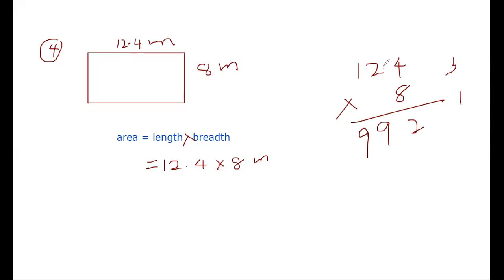One decimal place you have to keep. So the answer is 99.2 square meters. The length is given in meters, so you have to write square meters. That's the fourth example.